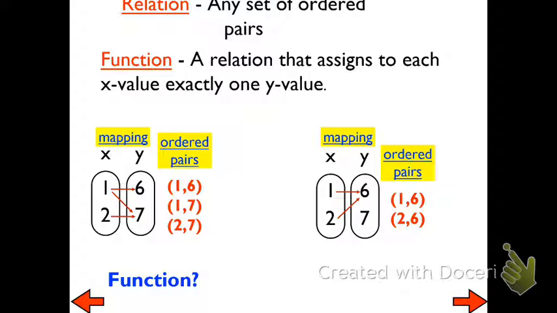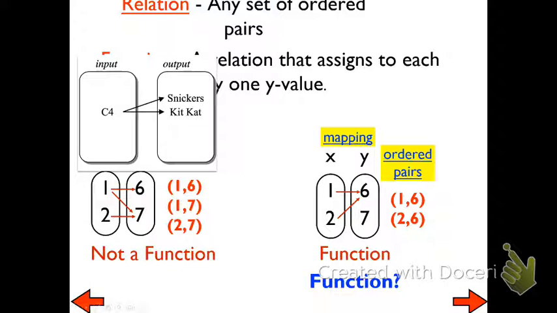It's like two different possible candy bars coming out, not a function. On the right side, it is a function because when you input 1, you get 6. When you input 2, you get 6. So this is like the vending machine where there were 3 buttons that would get you a Twix bar, okay? So it is a function.